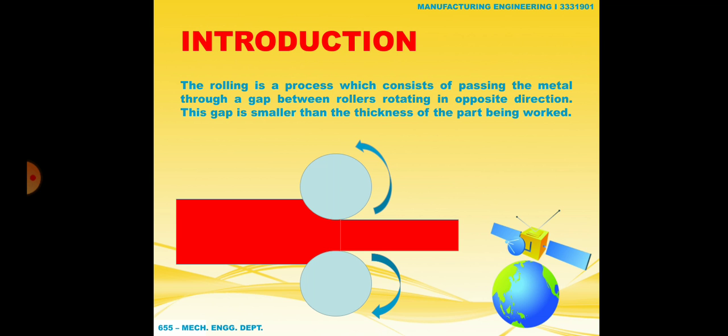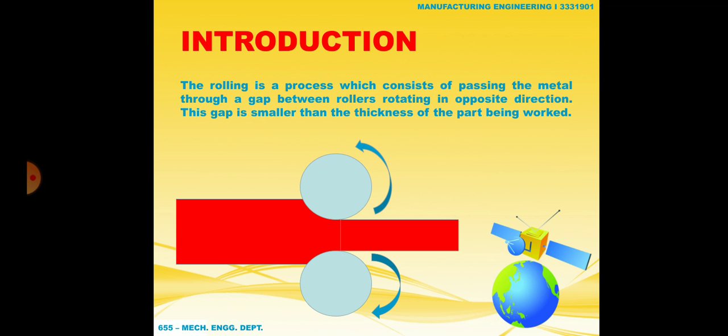Here is the definition of rolling. The rolling process is a process which consists of passing the metal through a gap between two rollers, which rotate in opposite directions.